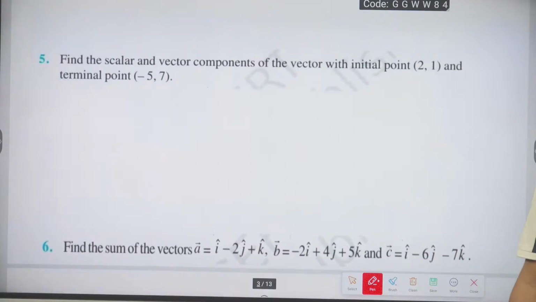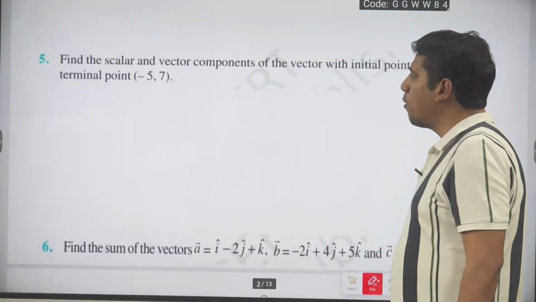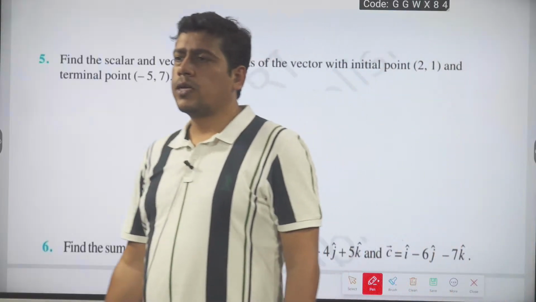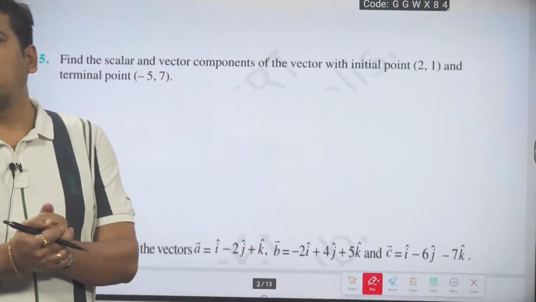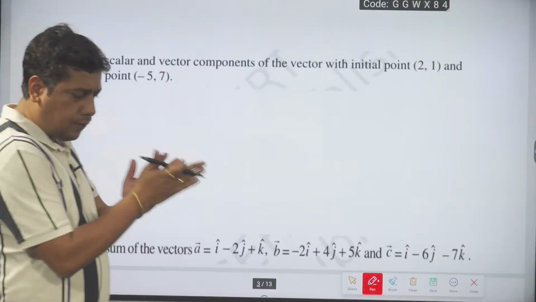Find the scalar and vector component of the vector with initial point 2, 1 and final point -5, 7. So can you write the vector? Initial point, final point is given. It should be final minus initial.